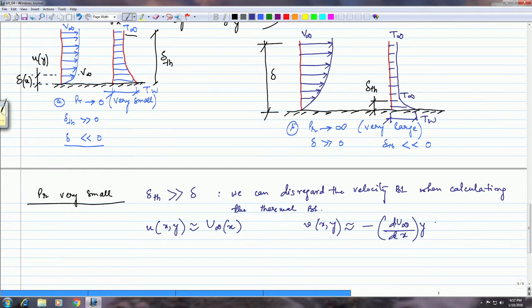Now, this is an expression for v, which we get from the continuity equation.